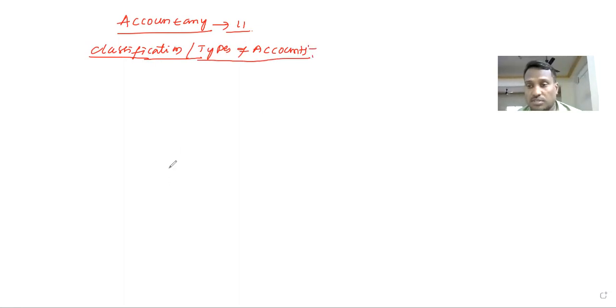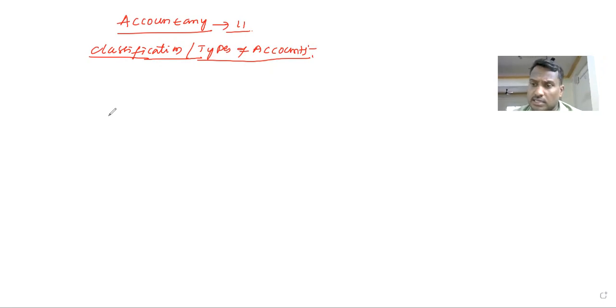Any businessman or accountant has to know these basics properly while maintaining accounts in their businesses. So as an accountant, as a commerce student, everyone has to know these basics properly. These are the basic principles and basic concepts of accounting.